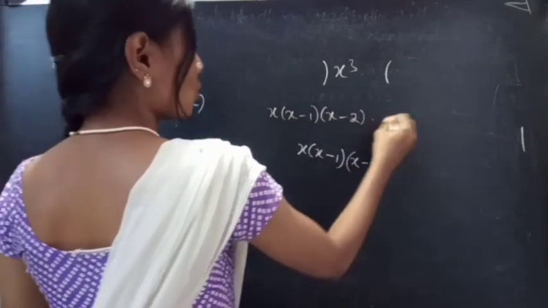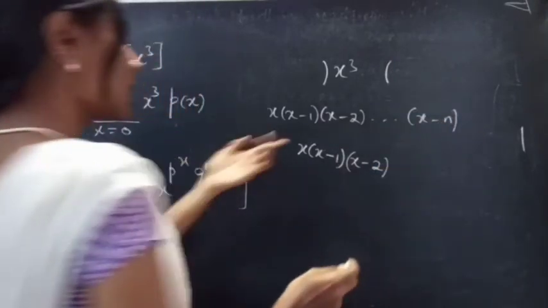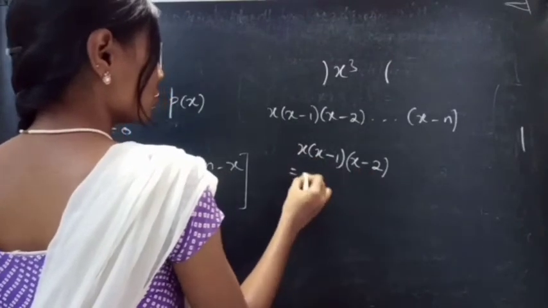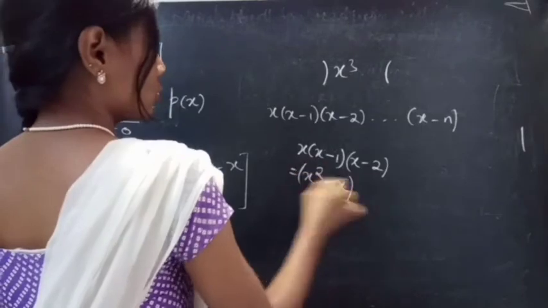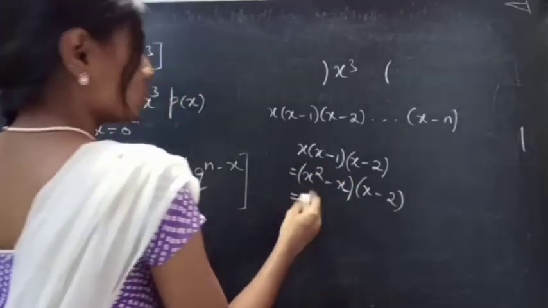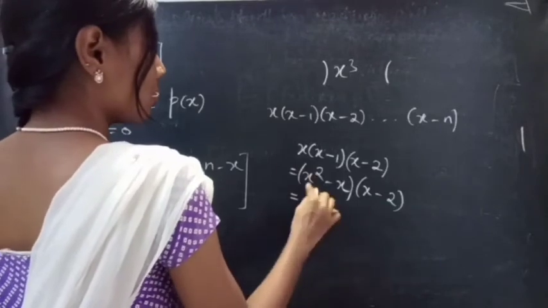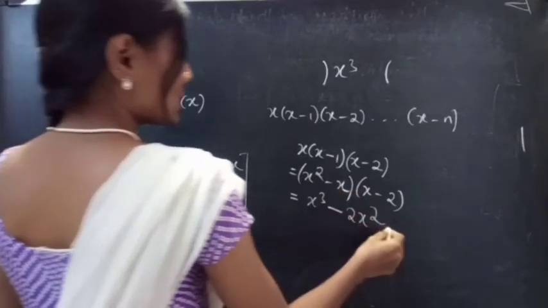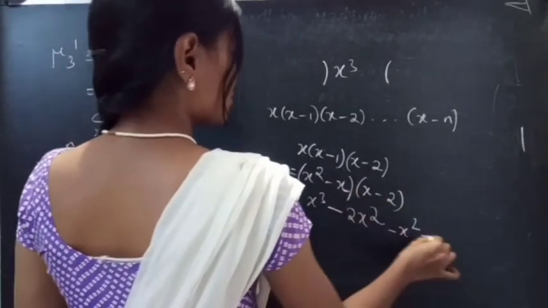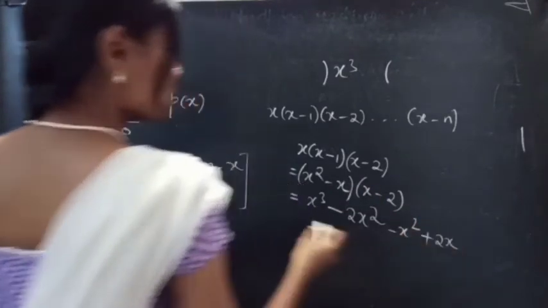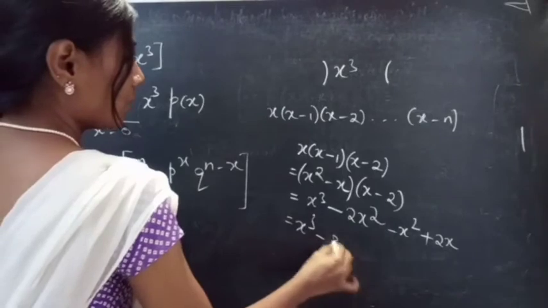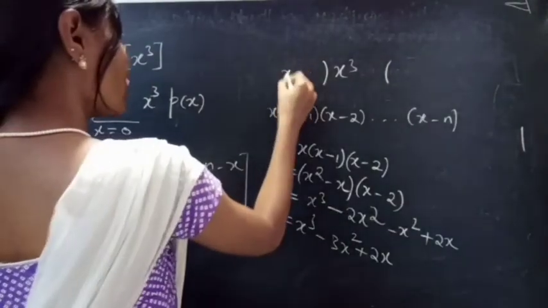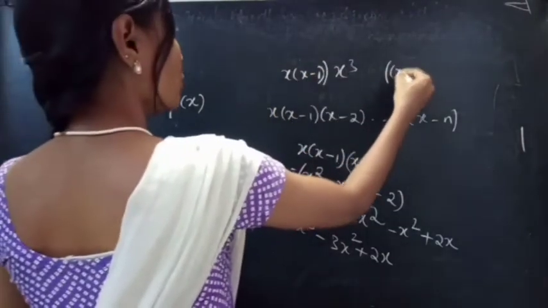So keeping that in mind, if you consider x into x minus 1 into x minus 2 and so on, we'll take the first three: x into x minus 1 into x minus 2.